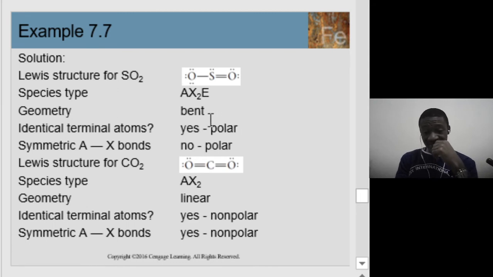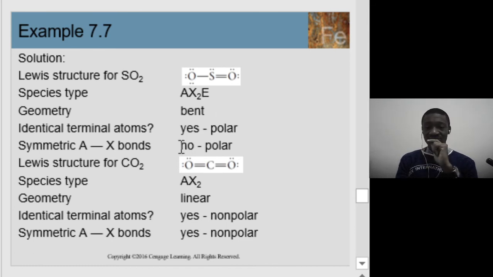On the strength of the fact that it has an E, which is a lone pair, so it's bent, because of the bent nature you'll have a situation where even identical terminal atoms can result in a polar molecule. There's an E now that shifts symmetry towards a direction, because of the double bond.